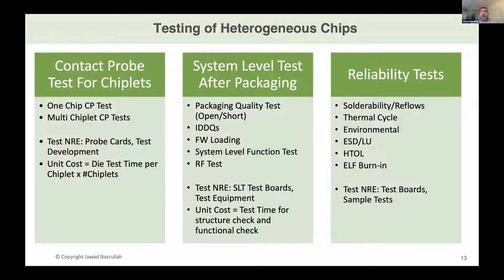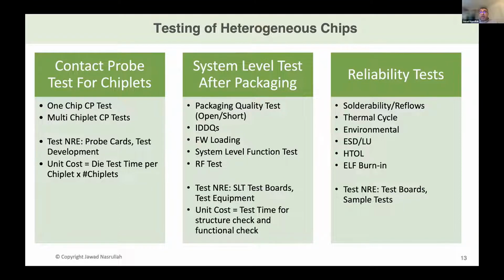And when you go to reliability tests, there are some really strange problems that come in with this archaic manufacturing of packaging, which are related to solderability, reflows, and all of that stuff that needs to be worked out. So that's an important one.